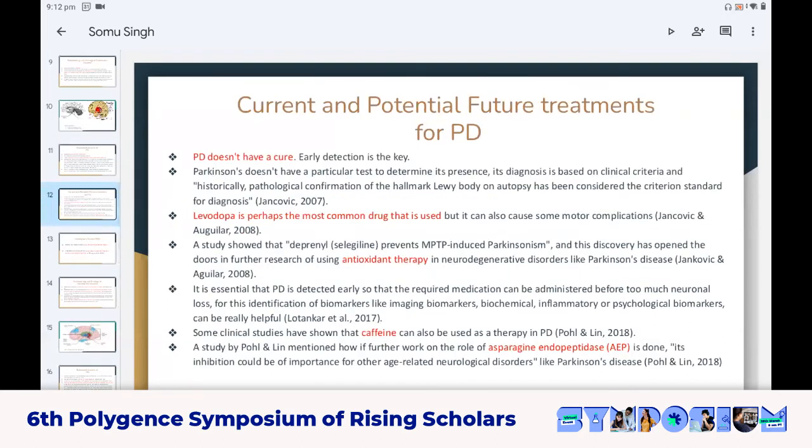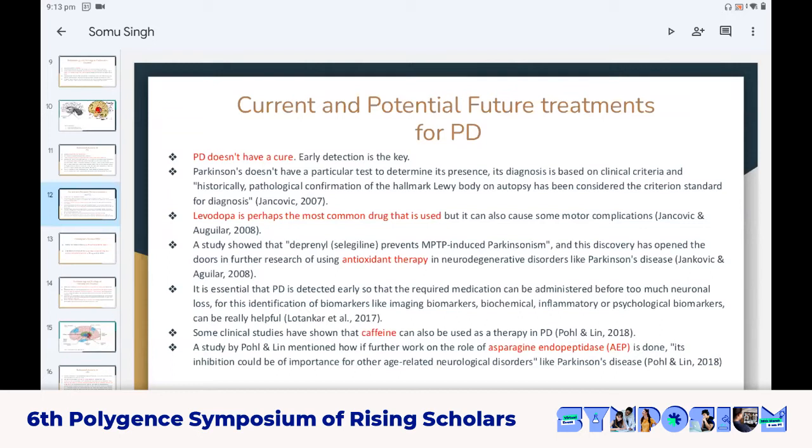And sadly, even for Parkinson's disease, there is no cure available yet. The diagnosis involves the detection of Lewy bodies, which are sticky protein lumps in the brain. But as the behavioral aspects also play an important role, and early detection is a key factor for management of symptoms, maybe the behavioral symptoms could also be used for diagnosis at an earlier stage.